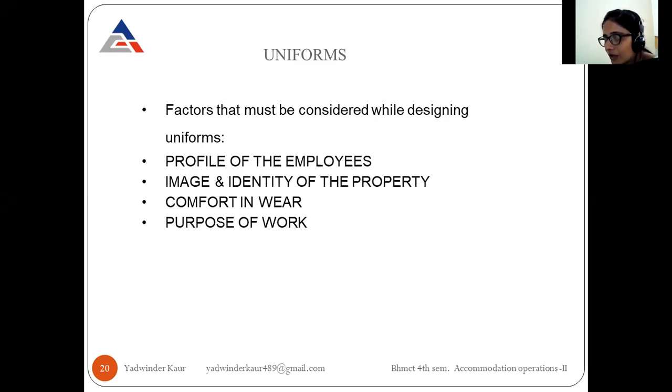Suppose we are in the front office, we have to wear a proper shirt, pant, trouser or blazer. If we are in the housekeeping department, accordingly we wear that kind of uniform.